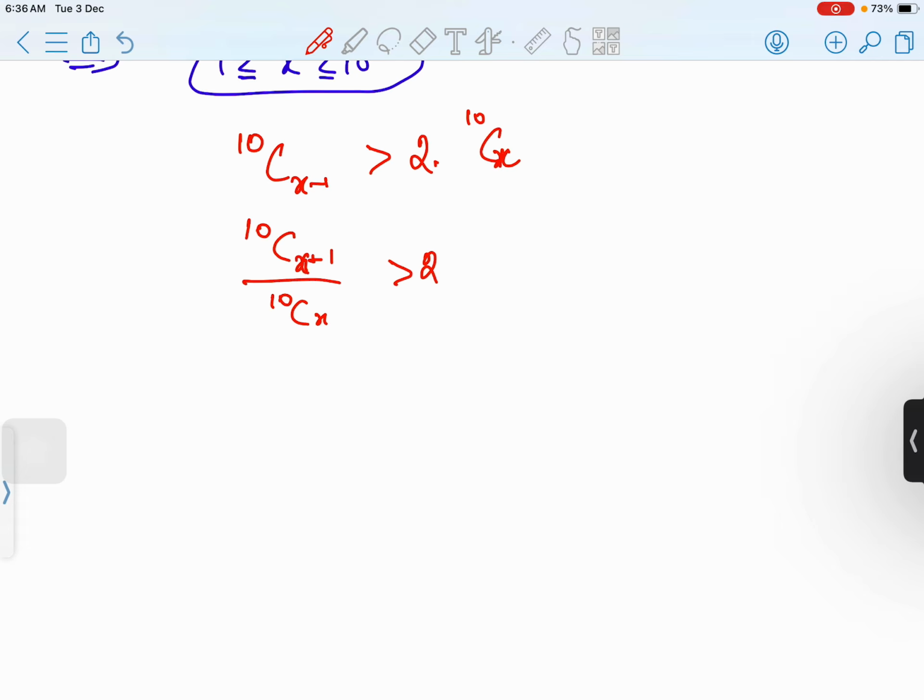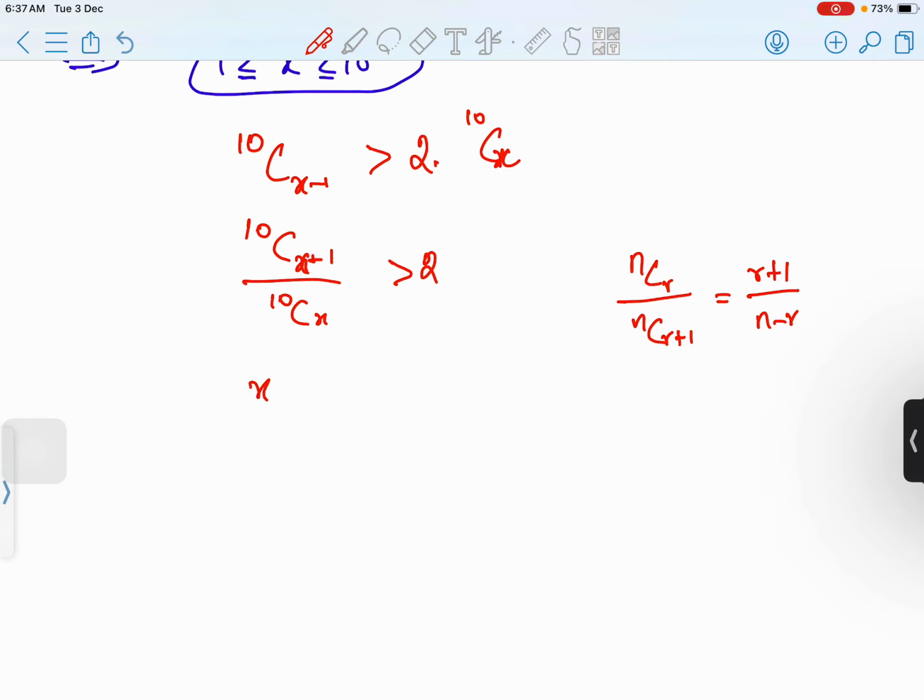If you apply this formula, whenever you have nCr divided by nC(r plus 1), you get (r plus 1) by (n minus r).